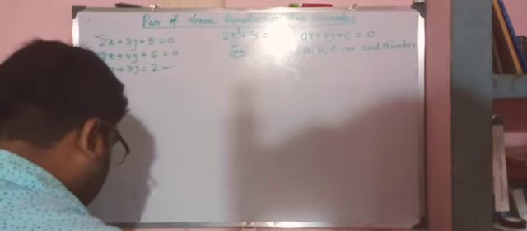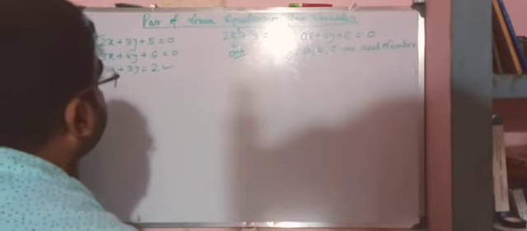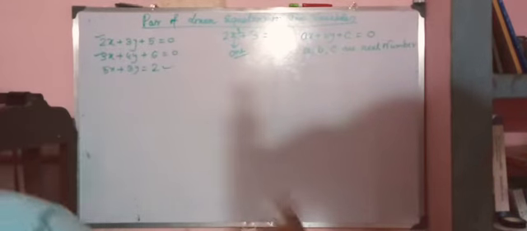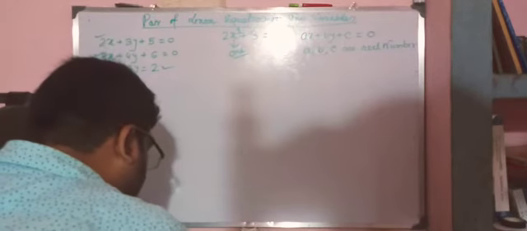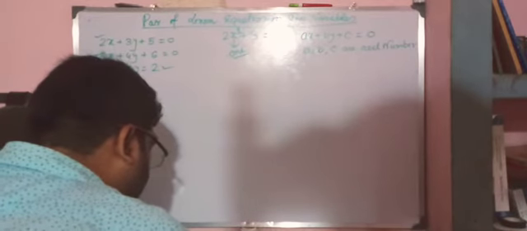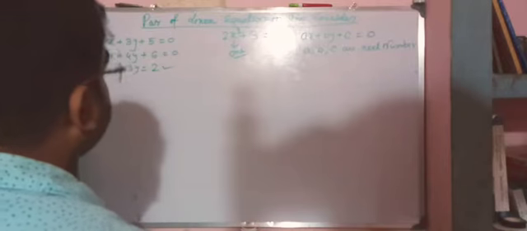Now next come to pair of linear equation of two variable. Pair of linear equation in two variable is a collection of linear equations involving the same set of variables.